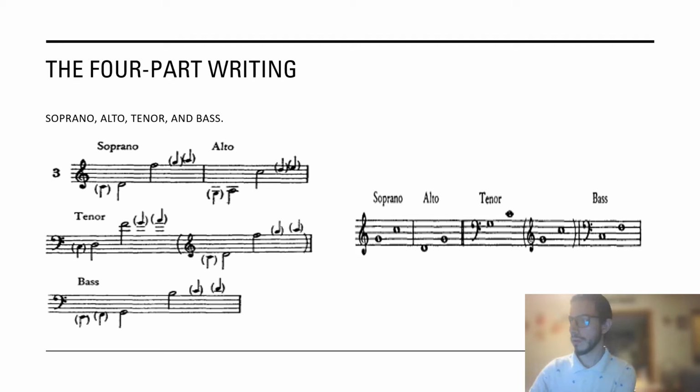Something very important to consider is the range of the voices, because this is going to serve us as composers to know what the limits of the voices are and not force them.